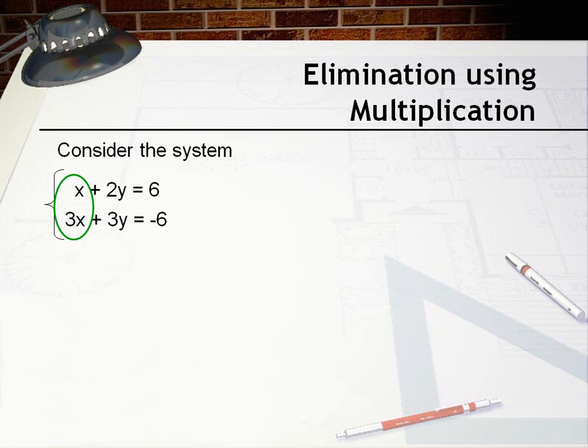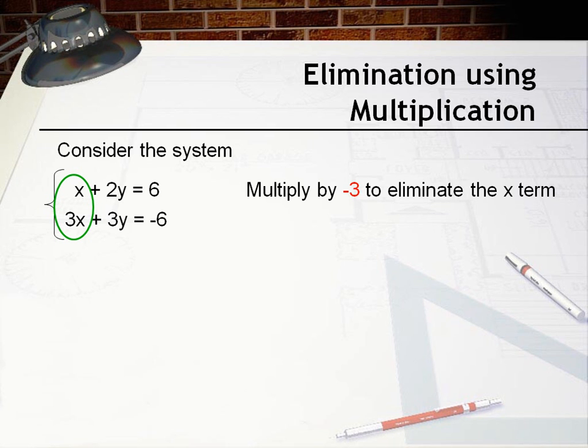Notice this x and this 3x here. All we really need is a negative 3 and a positive 3 to eliminate. So we need to multiply the first equation by negative 3, and then it will eliminate with the positive 3.